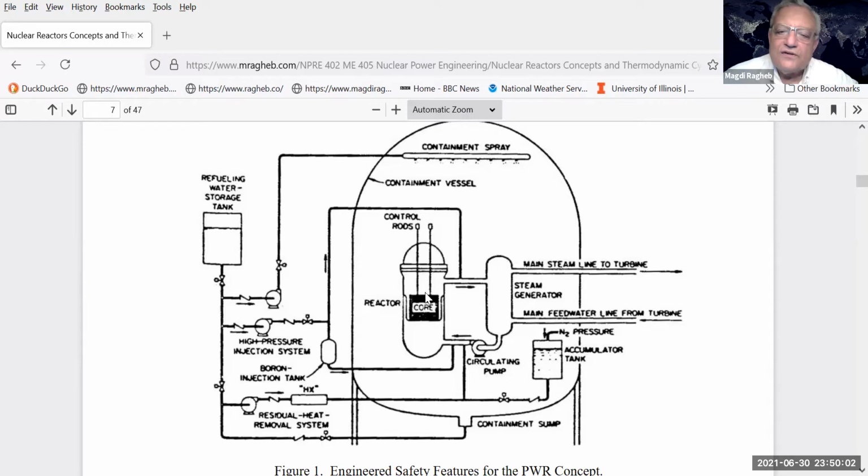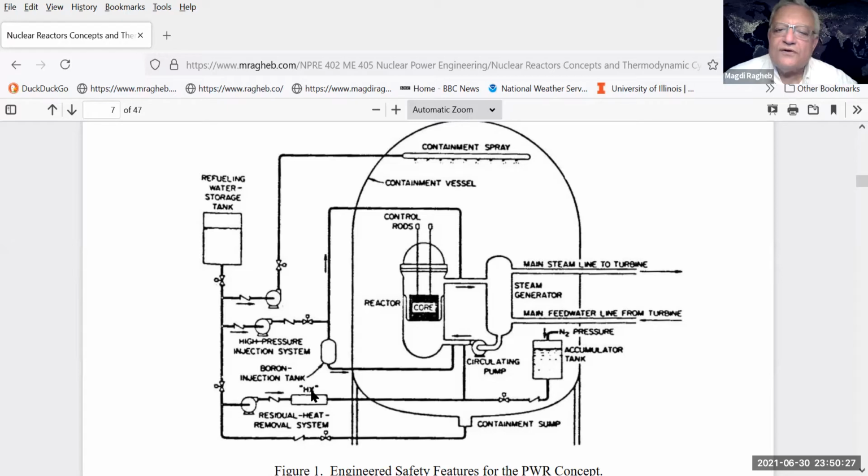So in that case, the operator would either depressurize the system intentionally, or the accident itself, if say that pipe breaks down, would depressurize itself. Then you switch to a low pressure coolant injection system that goes through what is called the residual heat removal system. Each X here stands for a heat exchanger.